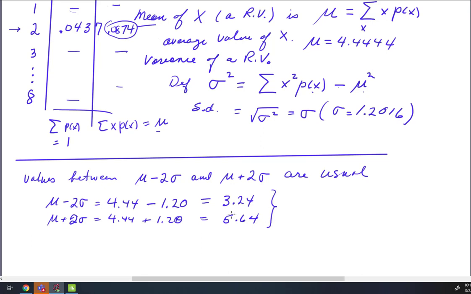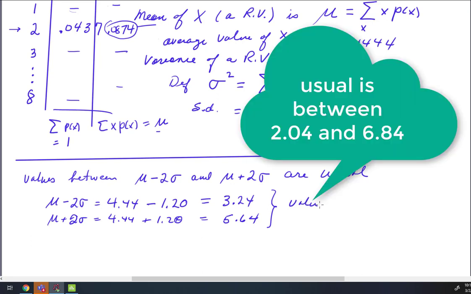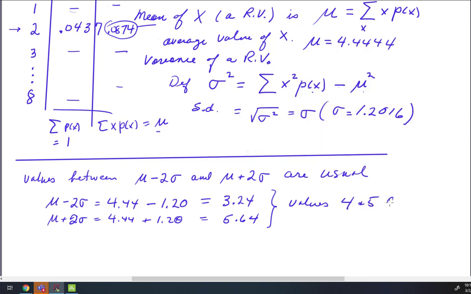So now our random variable is discrete. It doesn't take on 3.24, but this tells me values 4 and 5 would be very usual. Those would be very usual values.